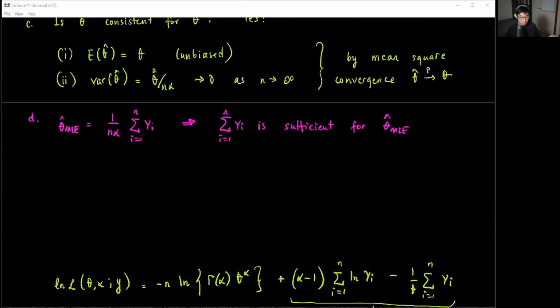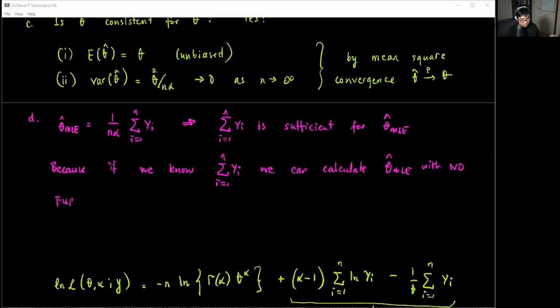That should be intuitive, right? Why is that intuitive? Because if we know this sum right here, we can calculate theta hat MLE with no further information on y.